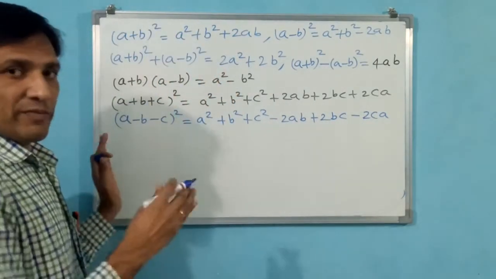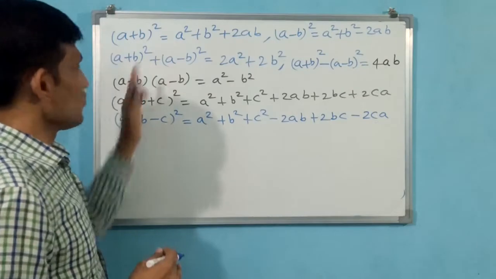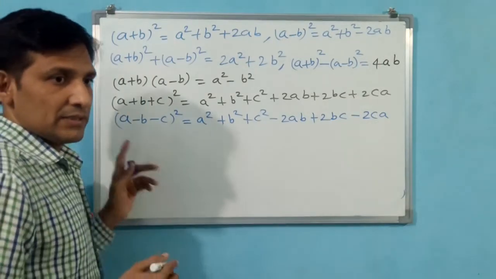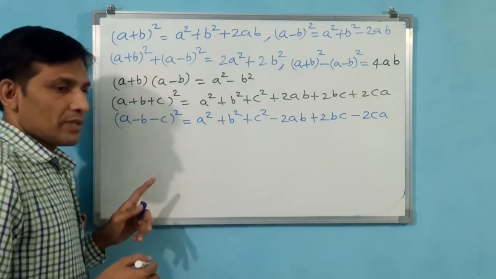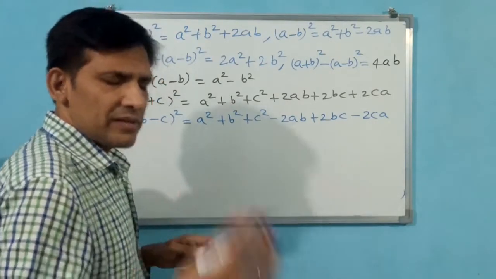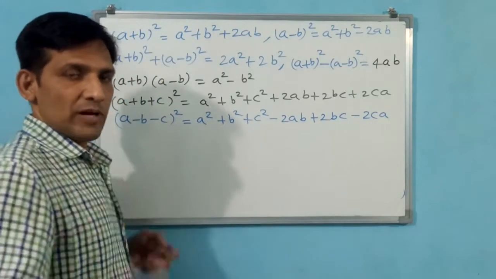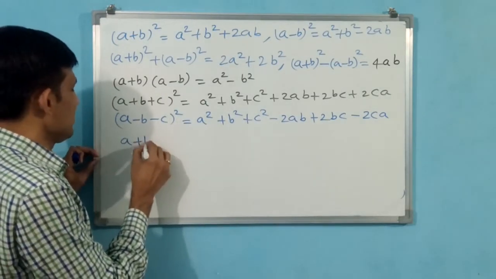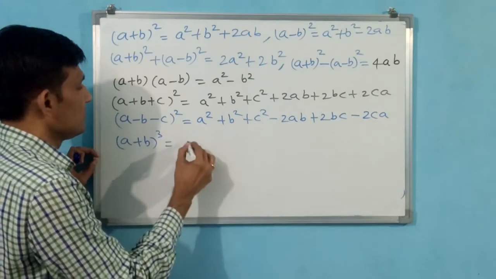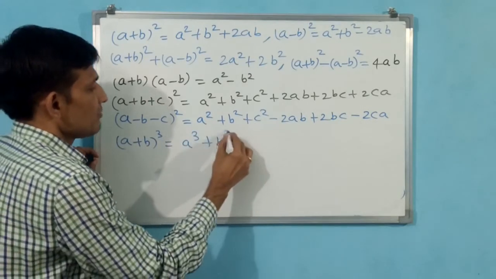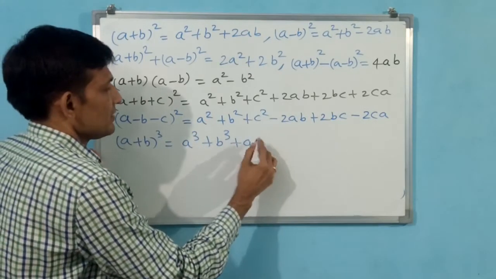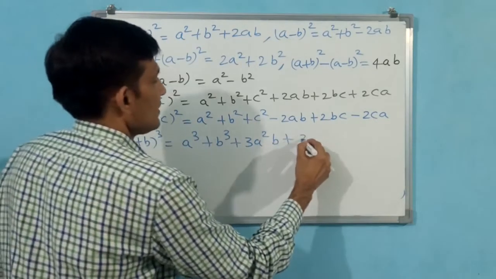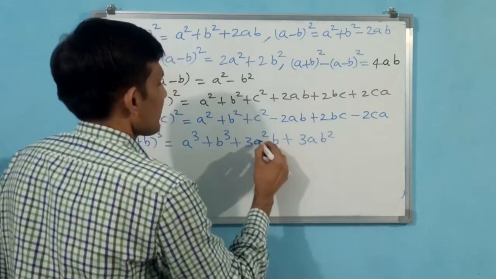In this way, any formula you can make up to square. We go for cube also, and I'm going to tell you why: several times, based on this cube formula, several problems are there for us. A plus b whole cube is equal to a cube plus b cube plus 3a square b plus 3ab square.